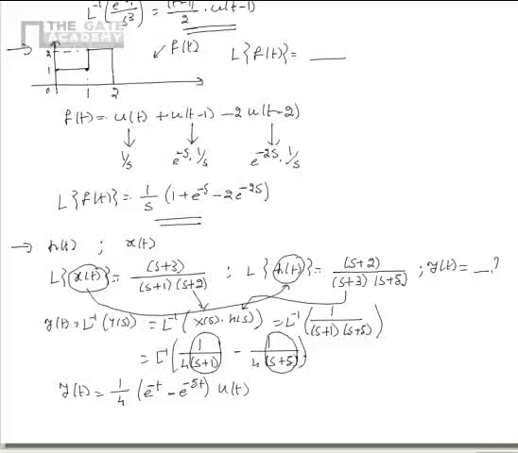From this we see that for an input of x of t, the LTI system of impulse response h of t gives the output y of t equal to 1 by 4 multiplied by e power minus t minus e power minus 5t u of t as per the given data.